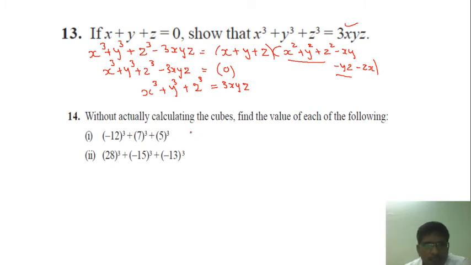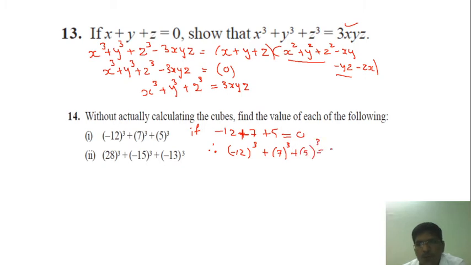So now we will see that if minus 12 plus 7 plus 5 is equal to 0, therefore minus 12 cube plus 7 cube plus 5 cube is equal to 3 into minus 12 into 7 into 5.